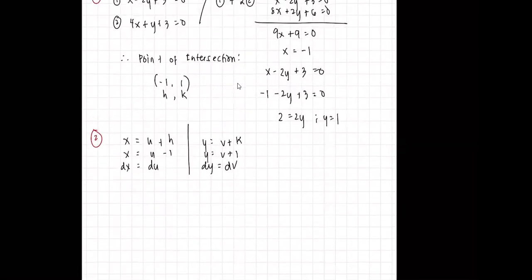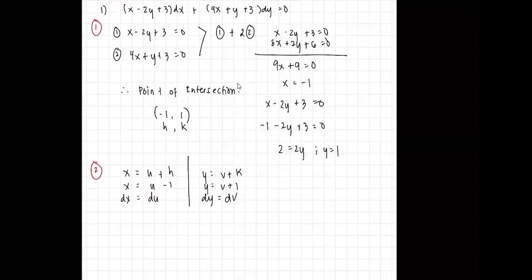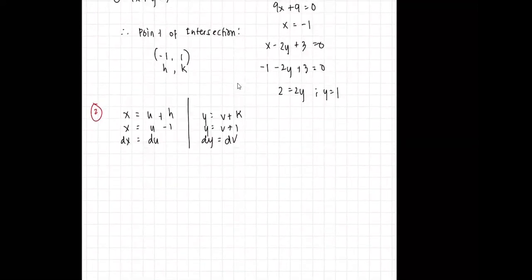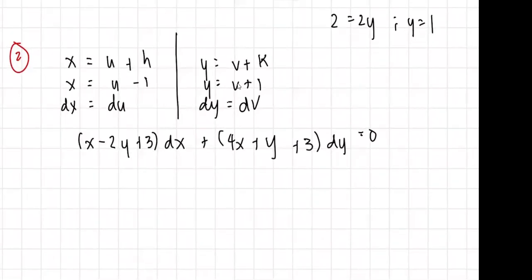Okay? So rewrite ko muna yung original equation para on track tayo. So (x - 2y + 3) dx + (4x + y + 3) dy = 0. Okay? So let's substitute. So we have sa x natin, that will be (u - 1).